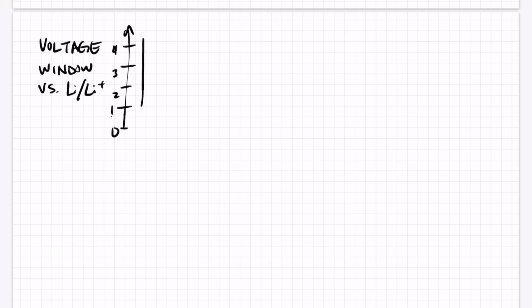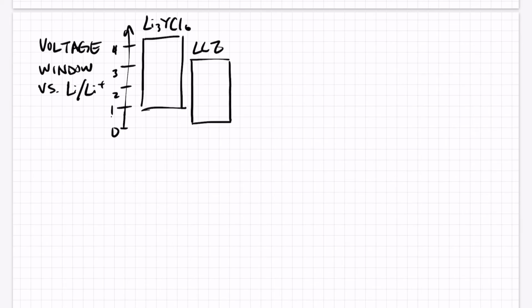This goes all the way down to, if we have lithium halides, then you have maybe 3, all the way down to as close as 0, almost, but not really, LLZO. We talked about the iridites. They're a little bit smaller, around 2.